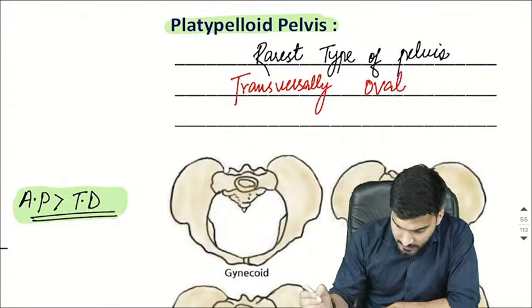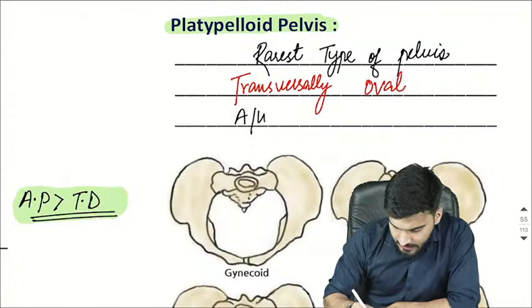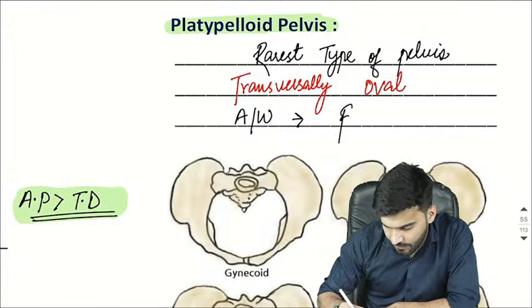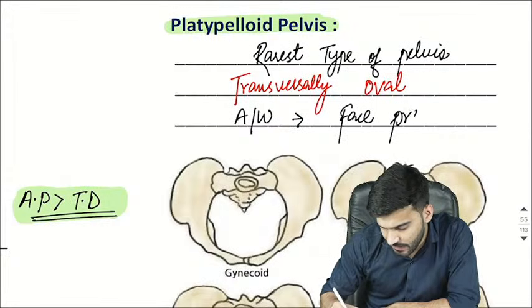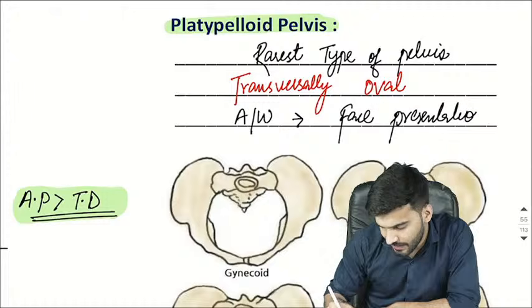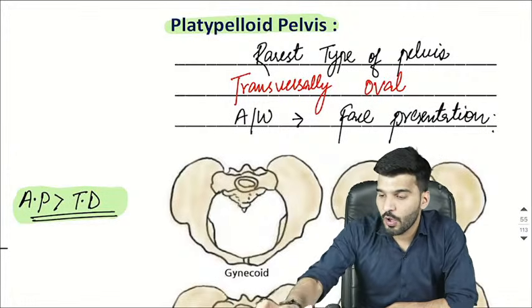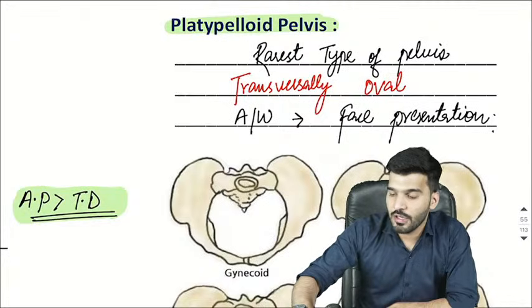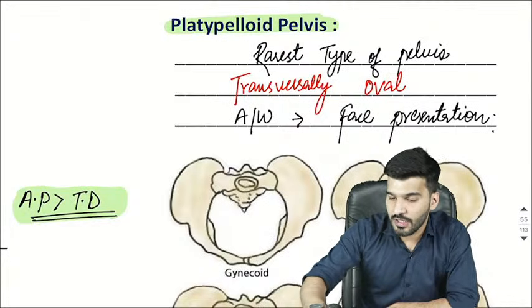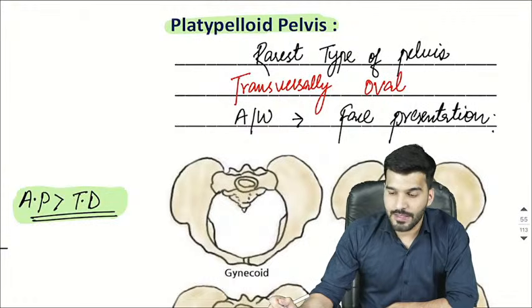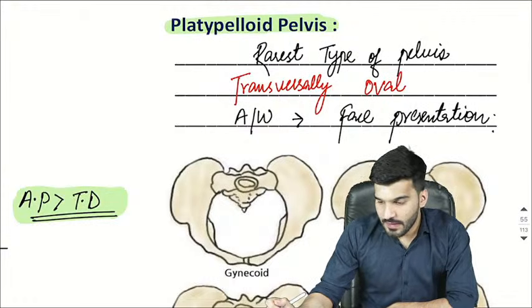And it is associated with face presentation. What is face presentation? It's a type of cephalic presentation when the face is touching the lower uterine segment. Clear to everybody? Yes? Very good.